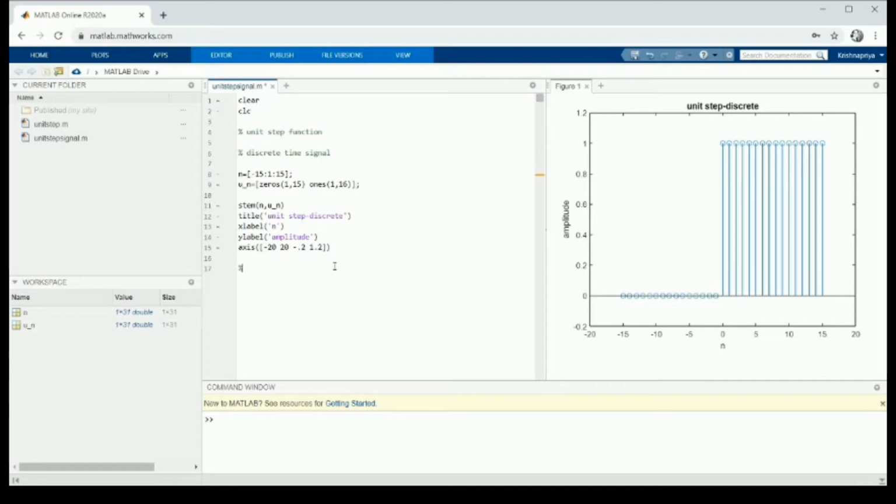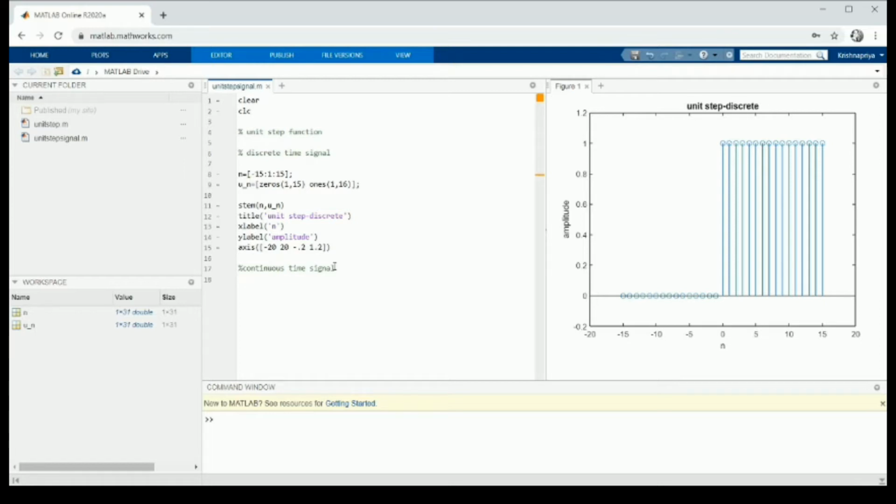So next, continuous time signal. Okay, in the similar way, we can give the commands. First of all, we have to give the time intervals.